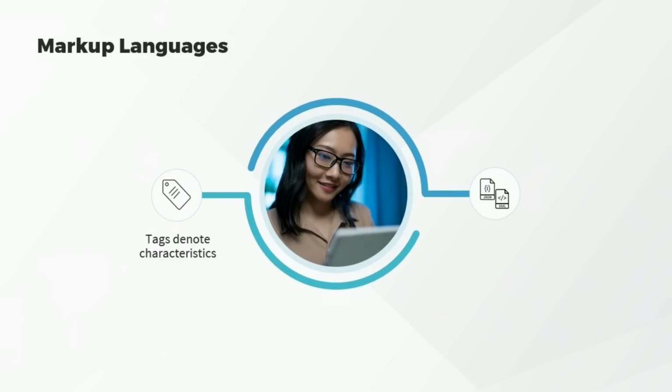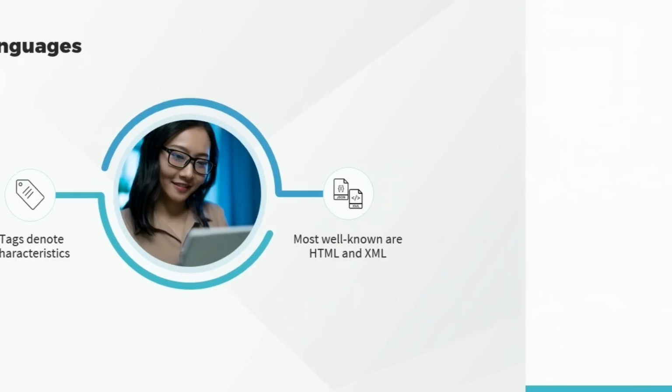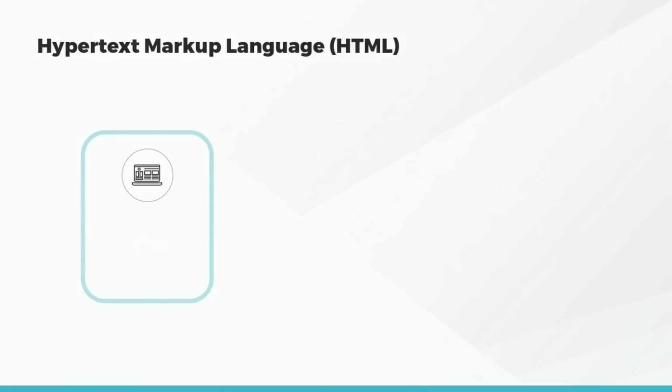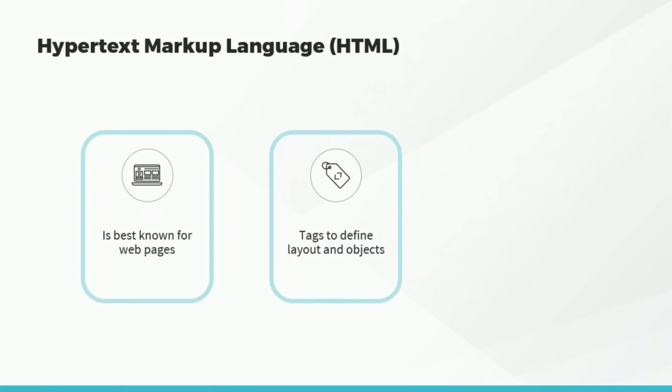Now, there are several markup languages, but two of the most common are HTML and XML. HTML stands for Hypertext Markup Language, and you might recognize it as being the language used to build web pages. And again, HTML uses tags to define the layout of the web page and the objects it contains.